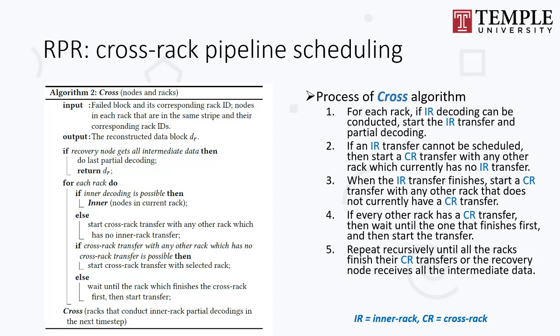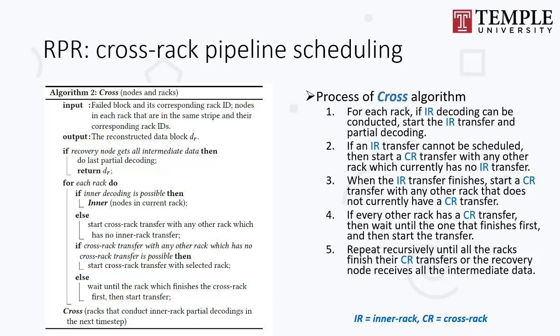Second, if an inner-rack transfer cannot be scheduled, then start a cross-rack transfer with any other rack which currently has no inner-rack transfer. Either its inner-rack transfer would have finished, or it does not need to conduct one. The recovery rack can also be selected, but only when every non-recovery rack is busy.